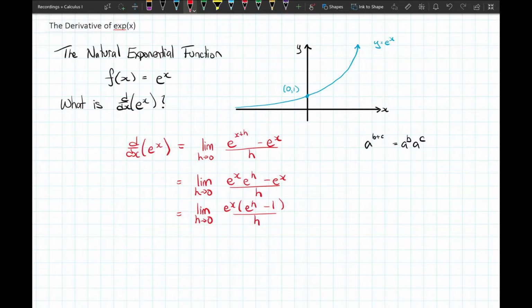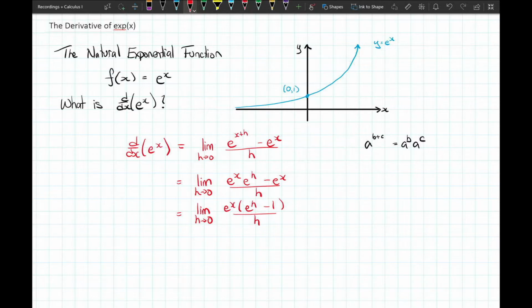What's a little bit trickier is the fact that this factor of e to the x, well, we tend to think about x as our variable. But in the scenario where we're looking at a limit, the only thing that we're really trying to plug in here is the value of h. And h we're trying to get closer to 0. But x has nothing to do with h. E to the x can be thought of just like a constant.